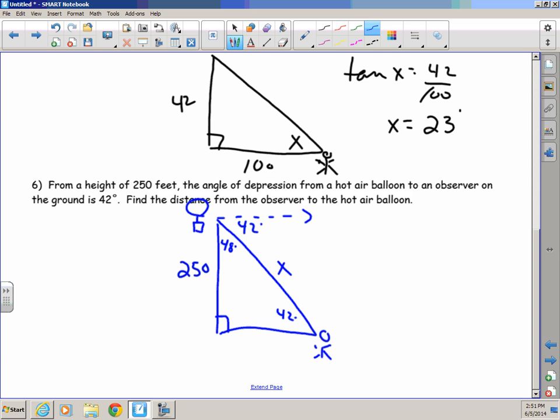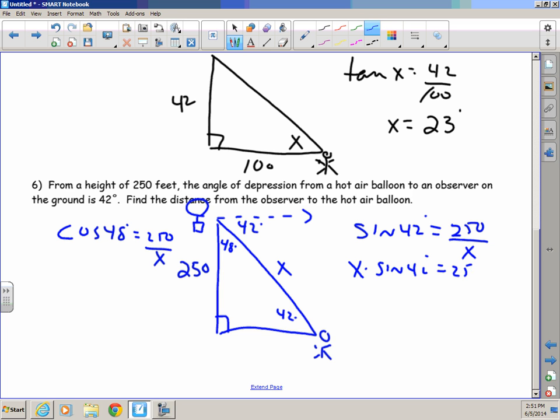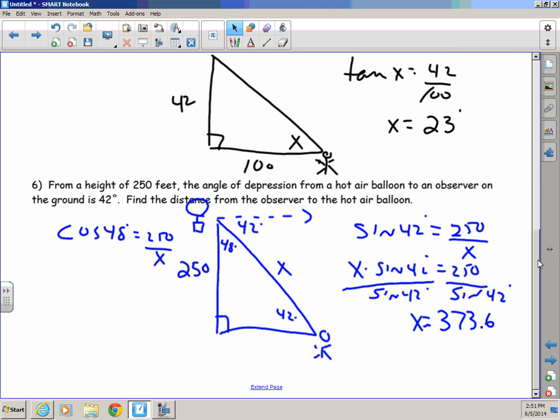So I want my hypotenuse. I've got two choices. Either sine of 42 is equal to 250 over x, or cosine of 48 equals 250 over x. No matter which one I choose, I will get the exact same answer if I do it correctly. I have to cross multiply and divide. So x is 373.6 feet.